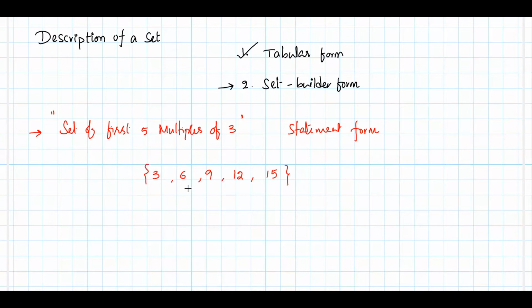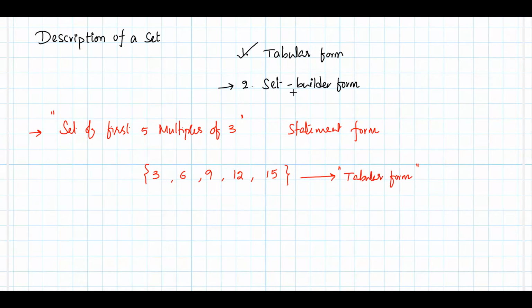This is the set representation, and we call this tabular form. There is another name for tabular form, which is roster form, but I'm going to use this terminology the entire video. So when we present all the elements in the set and keep them in a curly bracket, then we call it tabular form.